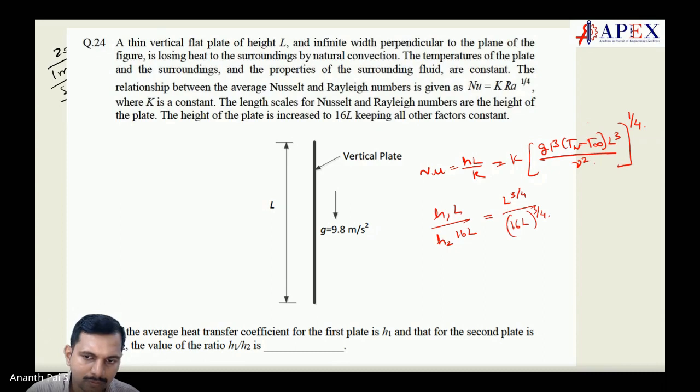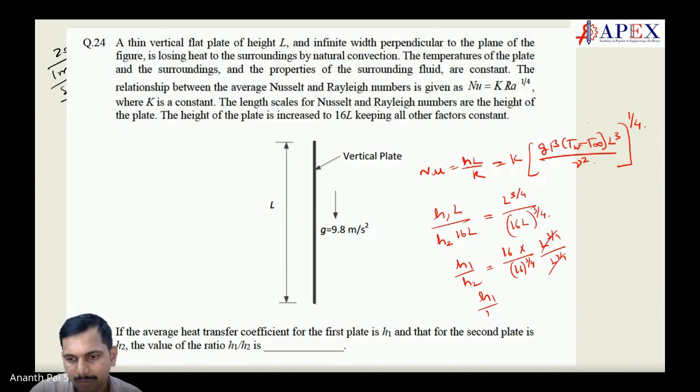So this way you have to put it nicely. H1 by H2 is equal to 16 into L raised to 3 by 4 over 16L raised to 3 by 4, and here the L terms cancel.